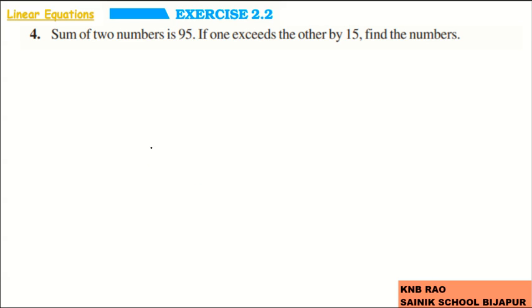In question number 4, we are given the sum of two numbers as 95 and one exceeds the other by 15. Find the numbers. Now, students, while solving this question, we need to assume any one of the two numbers as some variable.